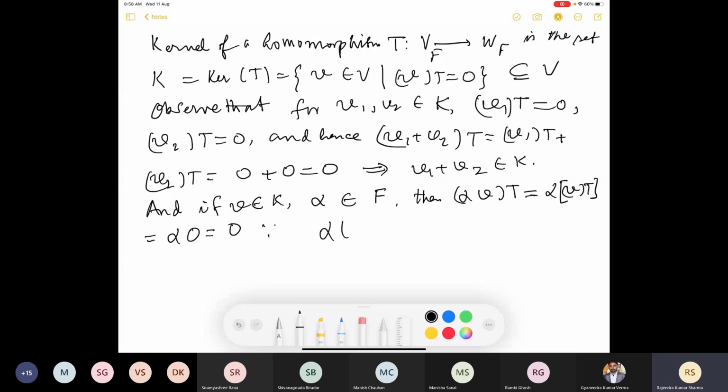Since alpha 0 is the same as alpha(0 + 0) by distributivity, this is alpha 0 + alpha 0.